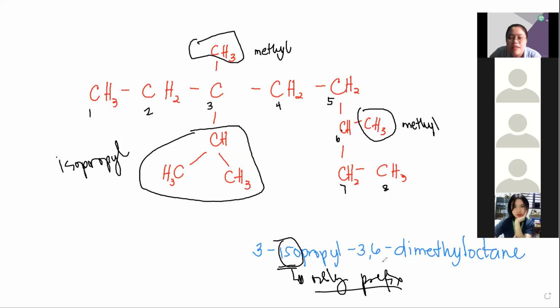The rest, di, tri, and whatever, the sec, the tert, hindi natin yon i-consider. Iso lang talaga. So this is I, and this is methyl. So this is M. Mauuna talaga si isopropyl. So I hope na-answer ko yung question.